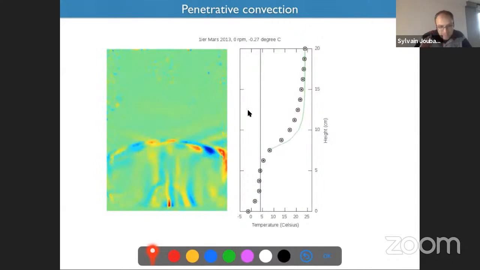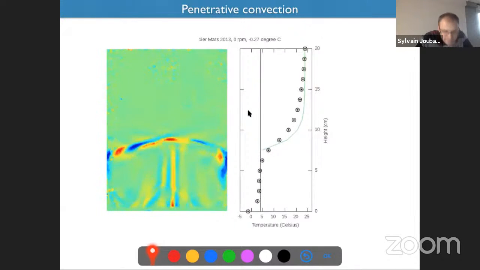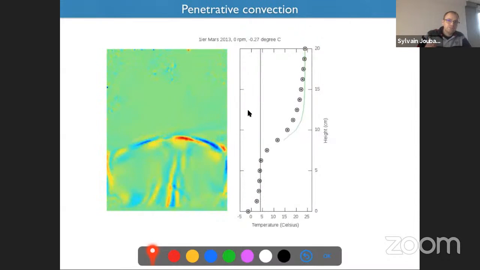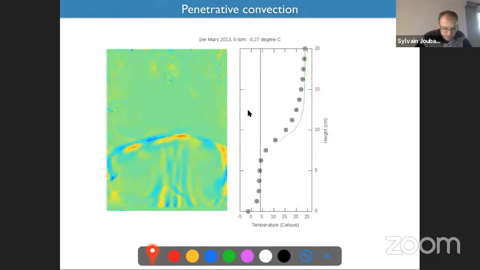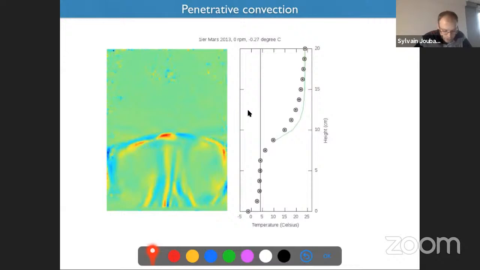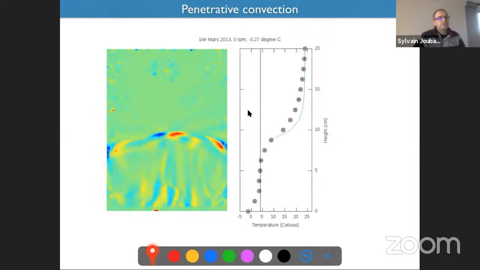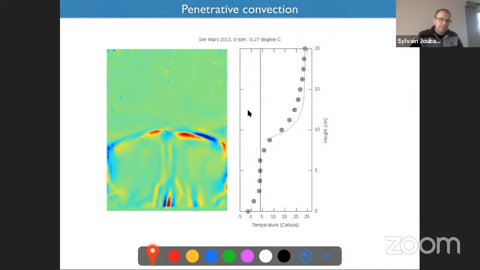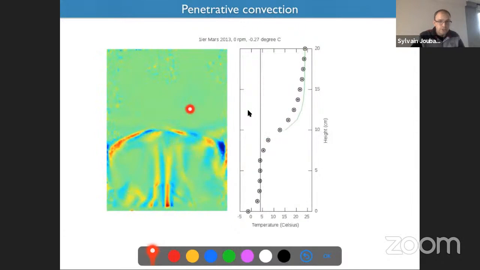And so it's hard to see, but here you can see some lines that, if you look very carefully, you zoom, you can see the propagation of internal waves. And so that was the second question. You have how energy is transferred from the turbulent convection region to the stratified region. And that's a question that is very, very interesting. And we still don't have the complete answers. Can we predict the quantity of energy that is transferred from one region to the other?